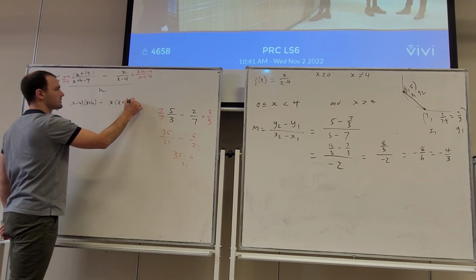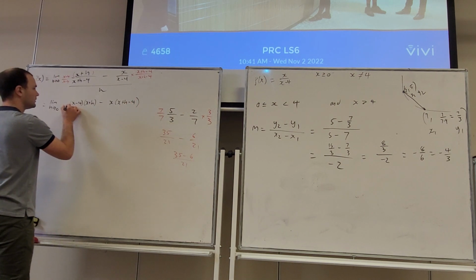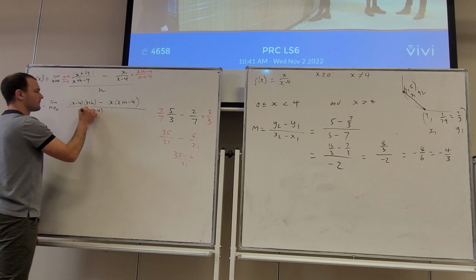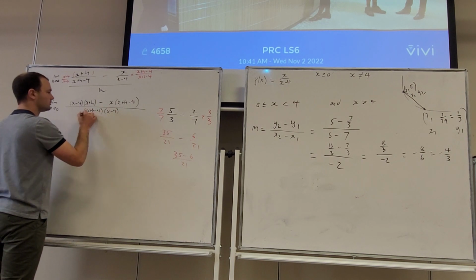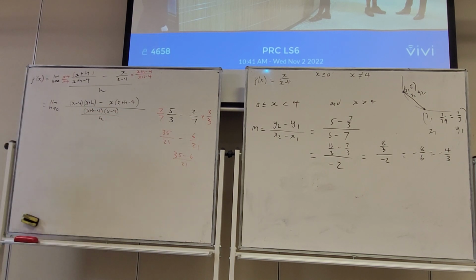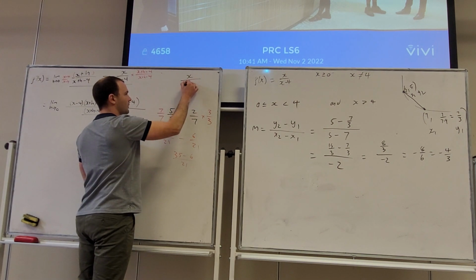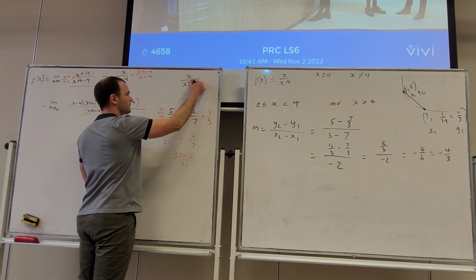Don't forget the brackets. Now with these ones, you should never have to expand the bottom. I might point out one thing as well. This is the function that we're finding the derivative of.